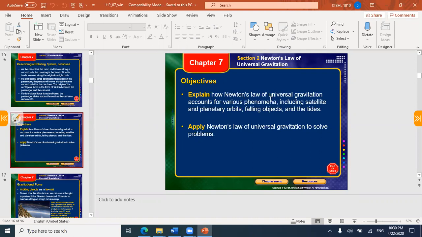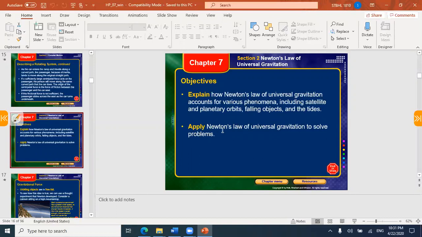Why the tides, low tides and high tides, are happening. All of this is due to the attraction between masses, Newton's gravitational law of attraction.